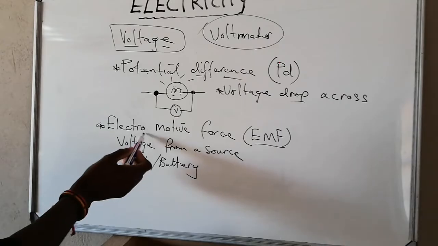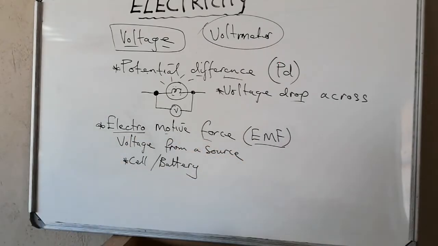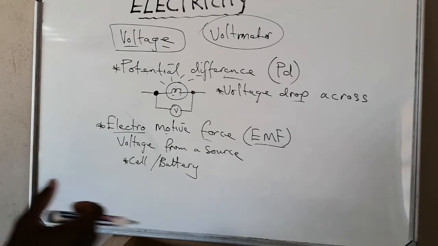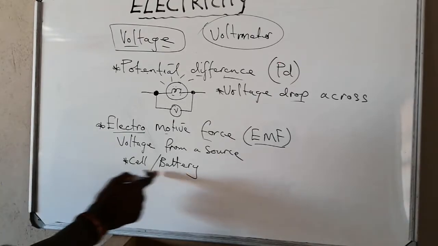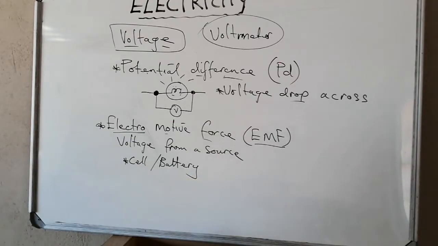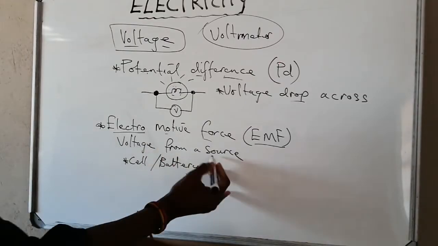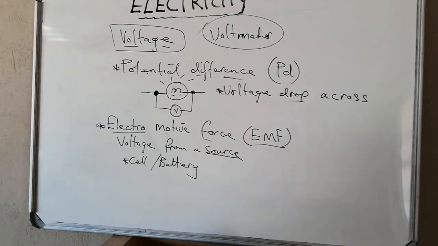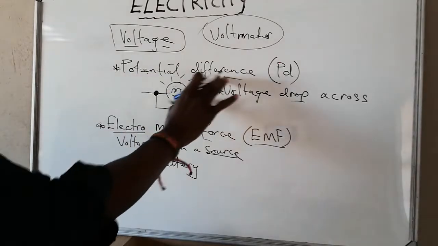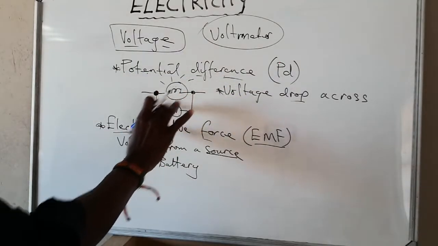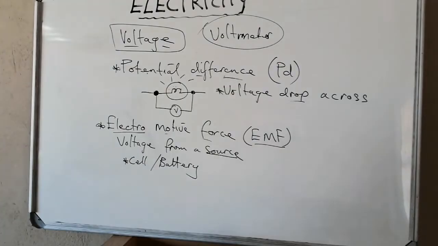The electromotive force is the energy at which the electrons are being moved or pushed out of a battery or a cell. So EMF, you find it across sources. Potential difference, you find it across components that are using up the voltage.